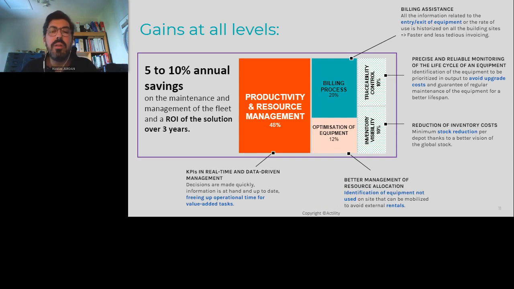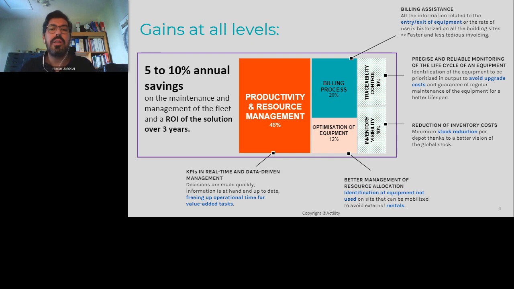So now you get the concept. Let's talk in more detail about exactly the gain that is being generated thanks to these systems. As I said, the first important gain is the fact that you have real-time data. All the decisions, the operational follow-up, and the resources that you have to put in place to follow the inventory of the tools have been dramatically reduced, and it's bringing very important cost reductions.